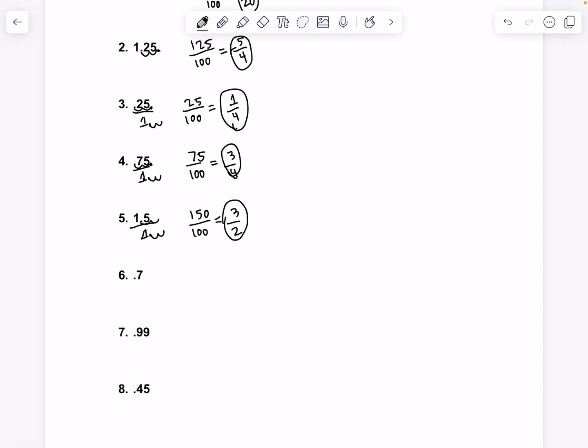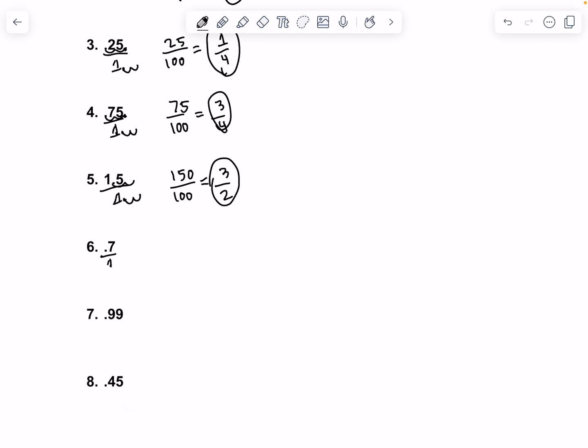And then 0.7 over 1. Move the decimal place over twice. That'll give us 70, and then we move it over 2 times for 100. We can divide by 10 on both sides. So 70 divided by 10 is 7, and 100 divided by 10 is 10.